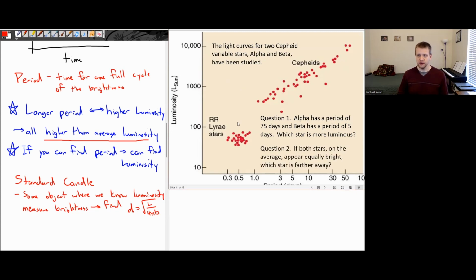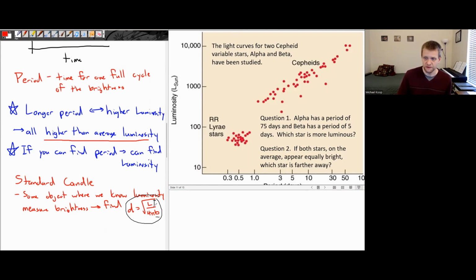So now let's say both stars appear equally bright on the night sky, on average. Which one would be further away? Well, if we look at this distance equation, we said that alpha has the higher luminosity, but the brightness is the same. So no change in the brightness.